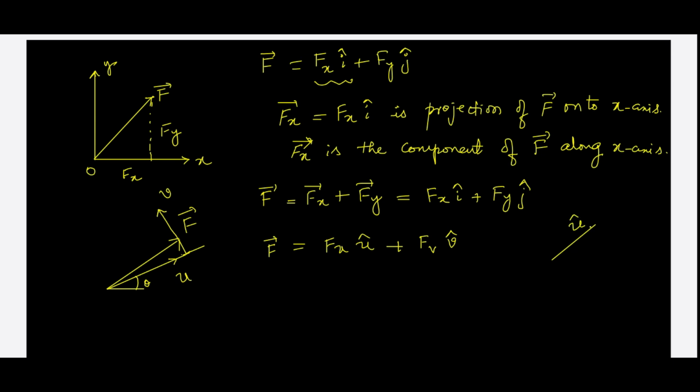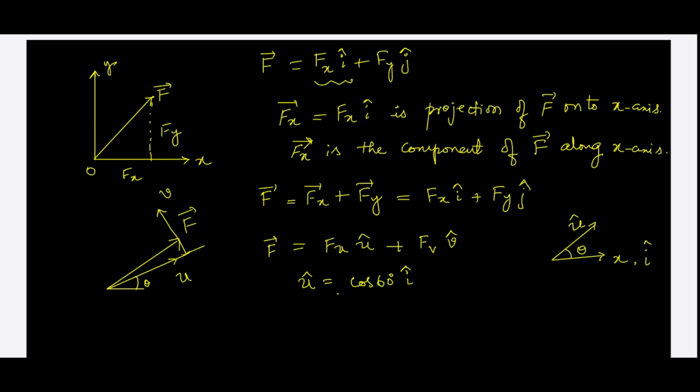So this is making 60 degrees with the x-axis, or i cap. So now my u cap is cos 60 degrees i cap plus sine 60 degrees j cap.